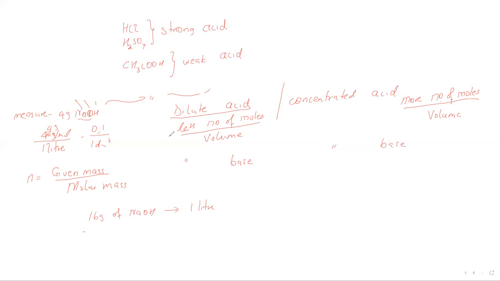Now, we can have a dilute acid, or we can have a strong acid which is diluted, or we can have a weak acid which is diluted, or a weak acid which is highly concentrated. That's possible. Don't mix the two.